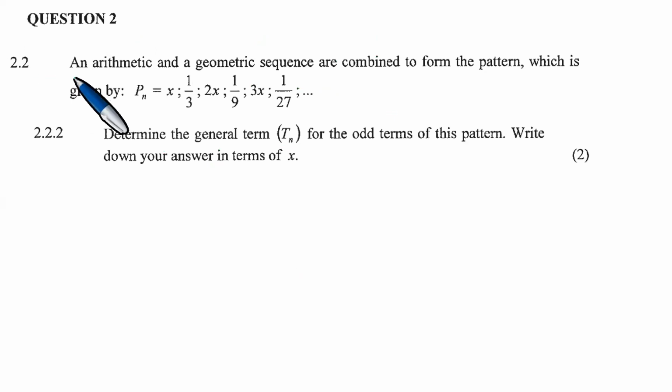Here we have an arithmetic and a geometric sequence combined to form the pattern, which is given by that. Determine the general term for the odd terms of this pattern. Write down your answer in terms of x. So we have Tn equals a plus n minus 1 times the common difference.